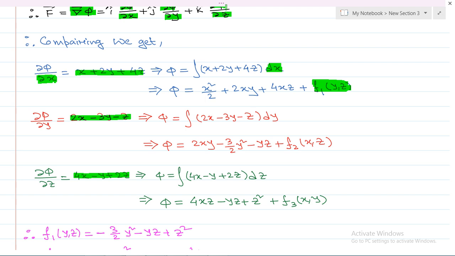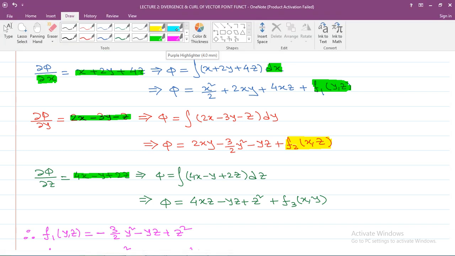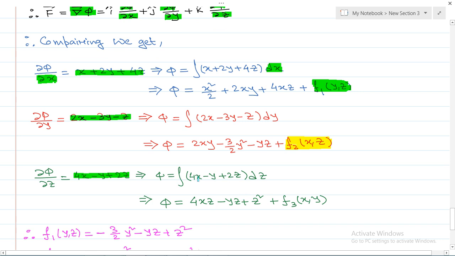So we get 2xy minus 3 by 2 y square minus yz plus a function of xz. And lastly, we integrate partially with respect to z. So we get 4xz minus yz plus z square, because 2z square by 2 gets cancelled out, it will be z square. So it will be a function of x and y.